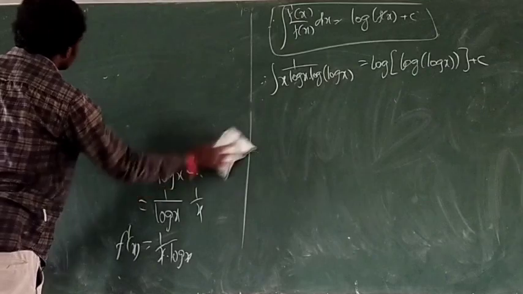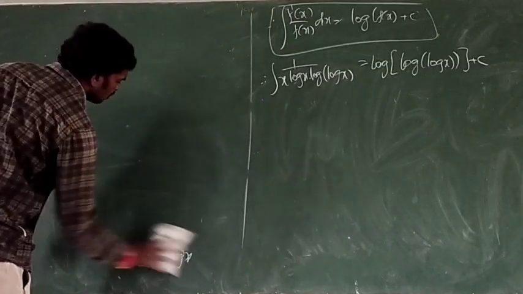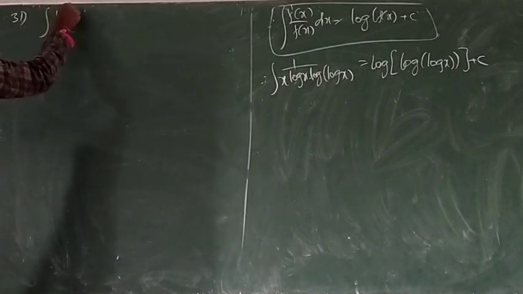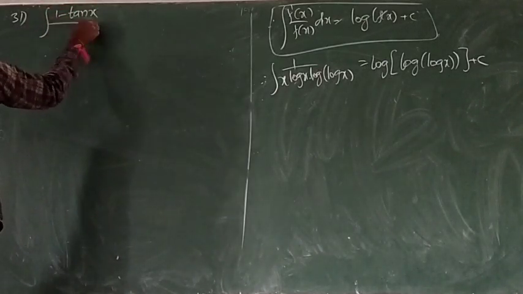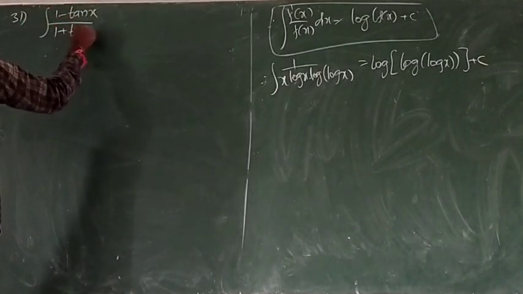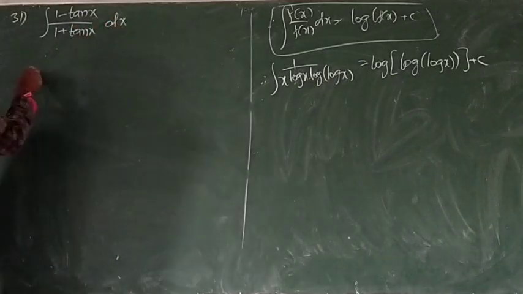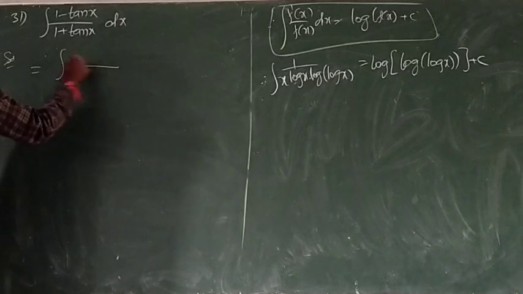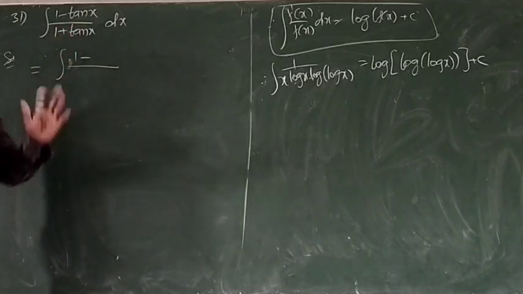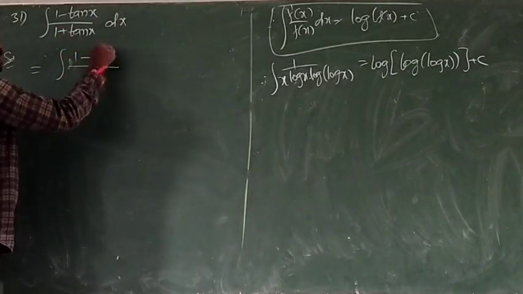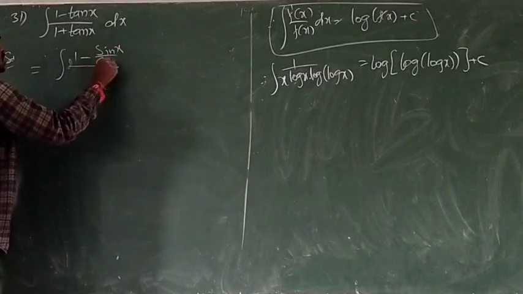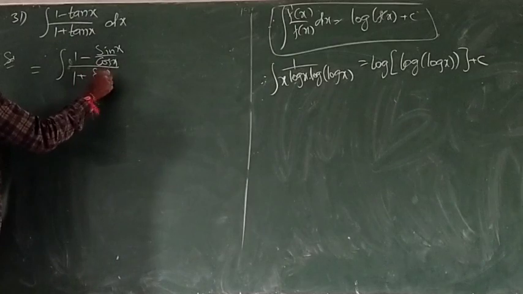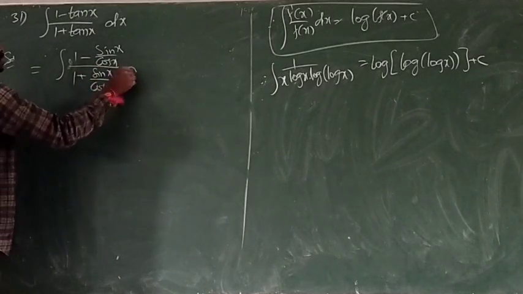Next, 31. Find the integration of 1 minus tan x by 1 plus tan x dx. Solution. Tan means what? Generally sin by cos. So in the numerator it is 1 minus sin x by cos x. Similarly, in the denominator 1 plus tan means 1 plus sin x by cos x.